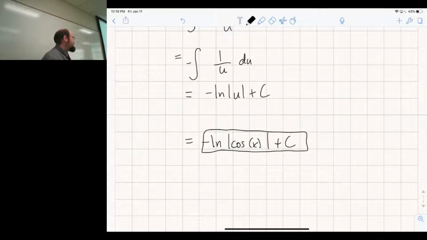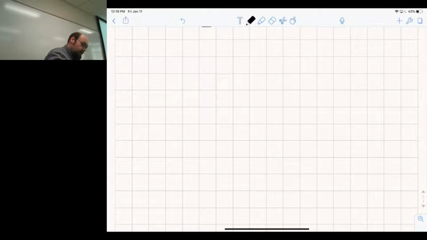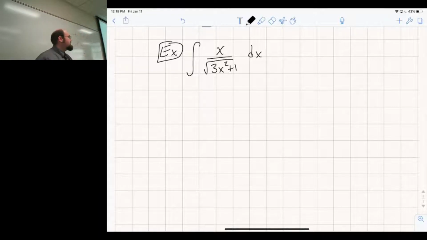Somebody learned it apparently, but not one that you were expected to have memorized, because you can derive it using u substitution. Any questions so far? All right. What about x over the square root of 3x squared plus 1 dx?